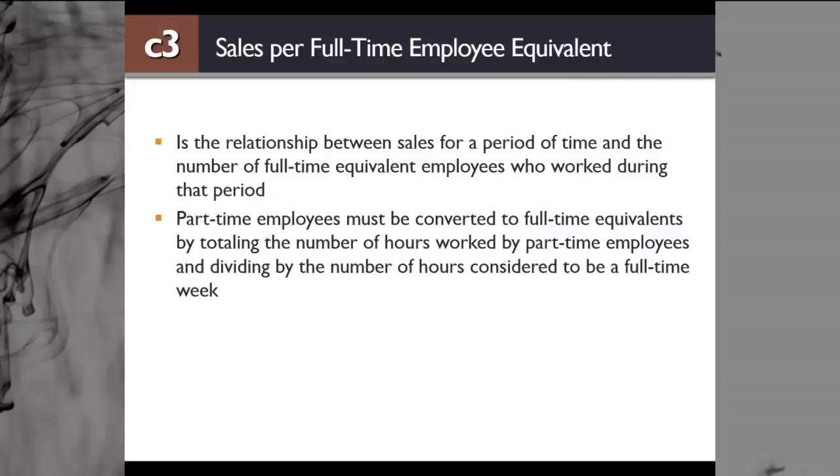But as I mentioned, maybe you have 10 part-time employees equivalent to maybe 3 or 4 full-time employees, then you can convert that to the full-time equivalent, right? To calculate the sales per full-time employee equivalent. So let's look at the example now.